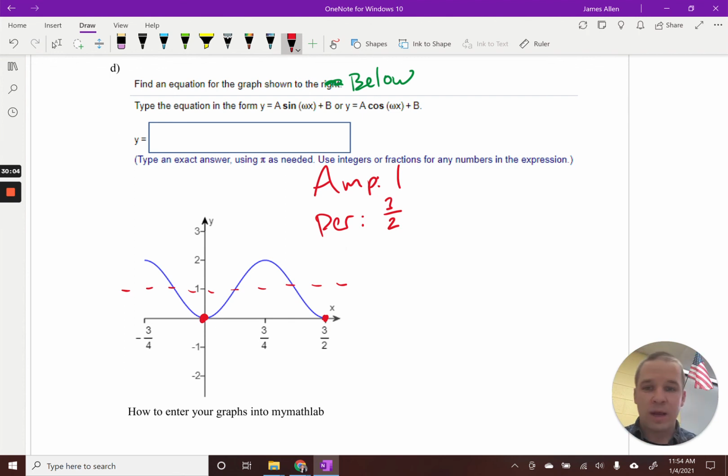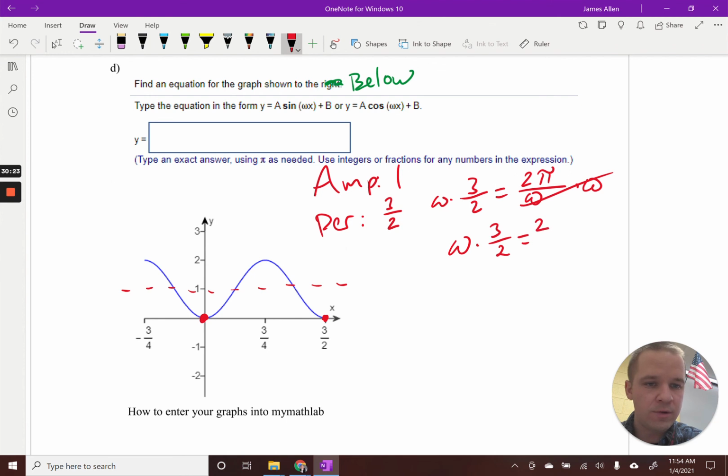So how do I find my period multiplier? Well, I would have 3 divided by 2 equals 2 pi divided by omega, multiplied by omega, and some of you might also notice that each time we're just doing 2 pi divided by the period, or 2 pi divided by the period multiplier if it's an equation.